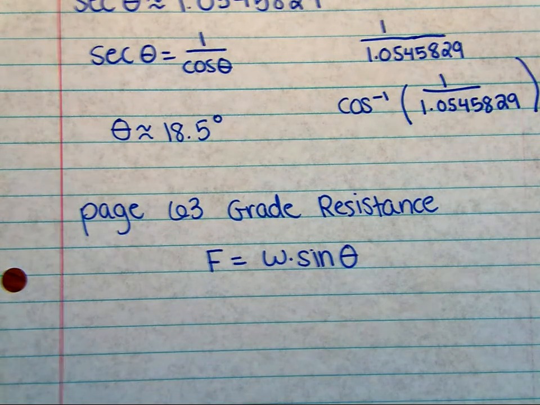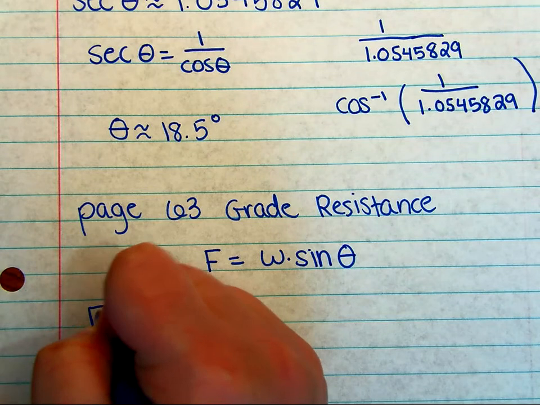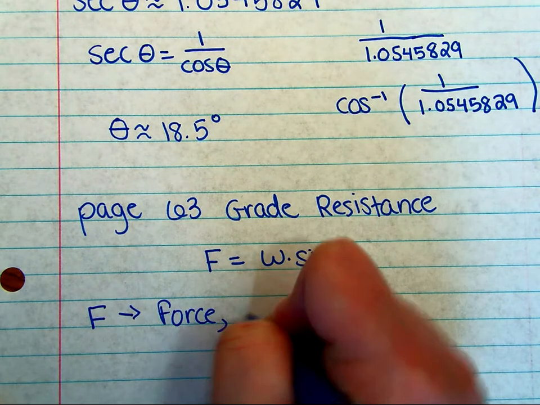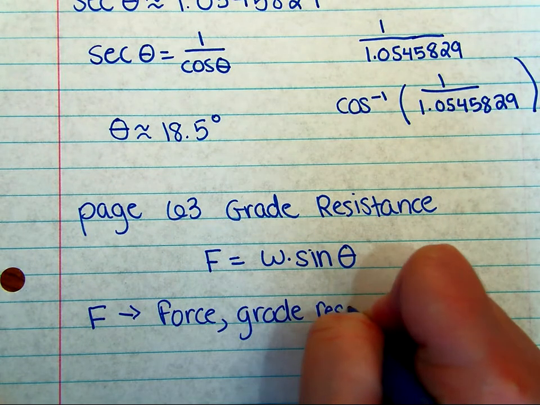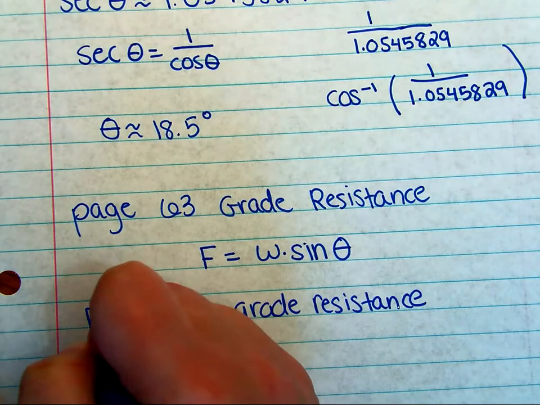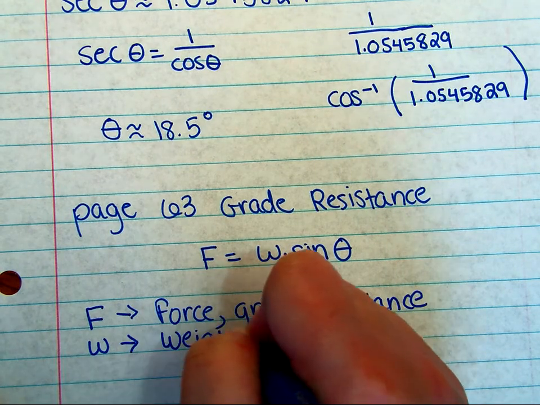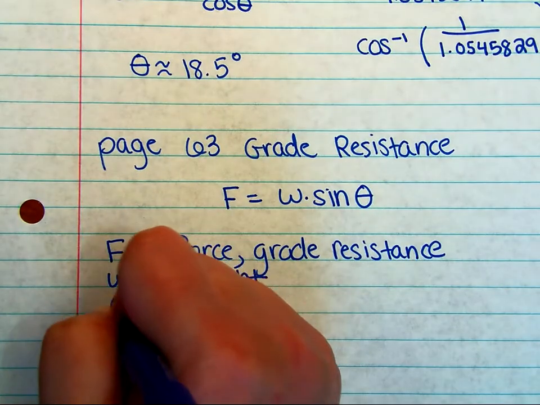Okay? So I am given this formula. F is going to stand for the force or grade resistance. W stands for the weight. And theta stands for the grade or the angle.